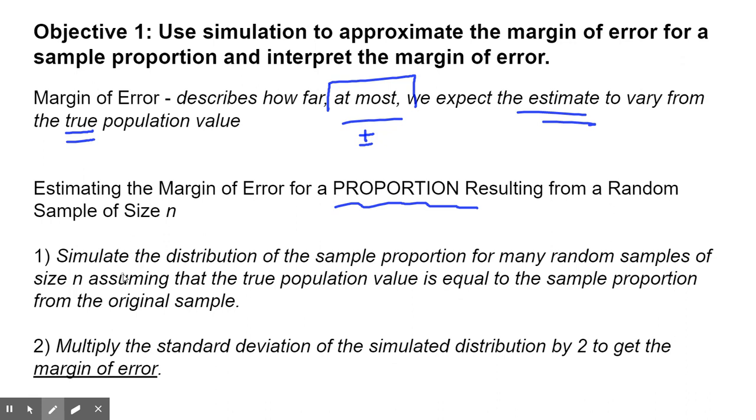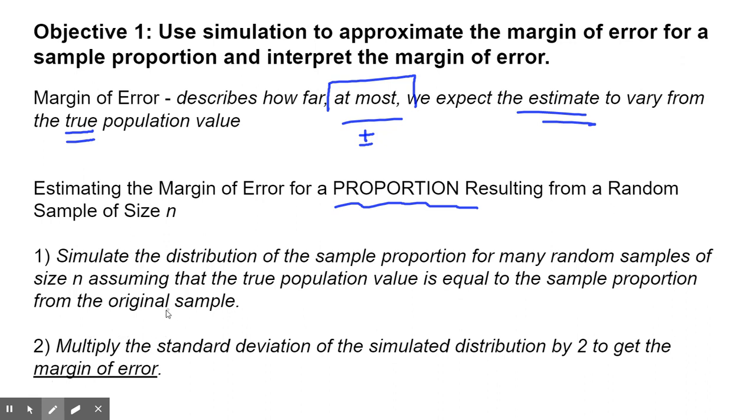In that preferred cookie example, you assumed there was no difference between the brand name and store name, so there's a 50-50 chance. Same thing here. Whatever the sample proportion is, you let that be true for a little while, and you create all these simulated SRSs.